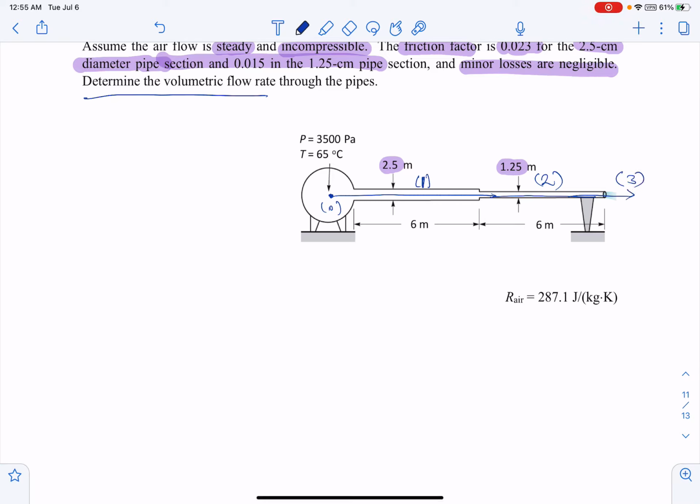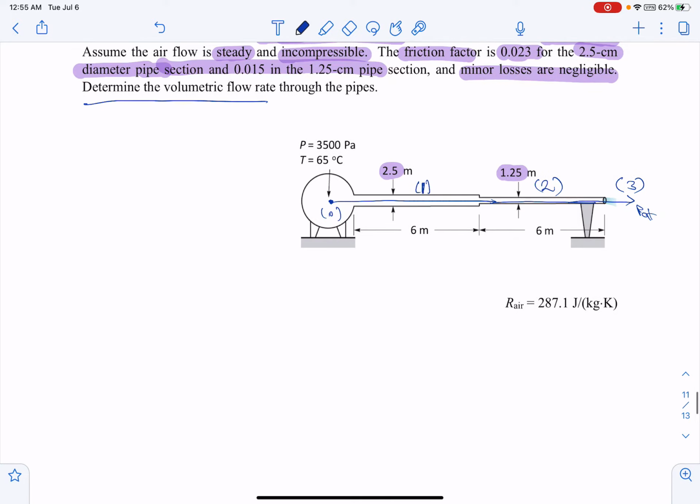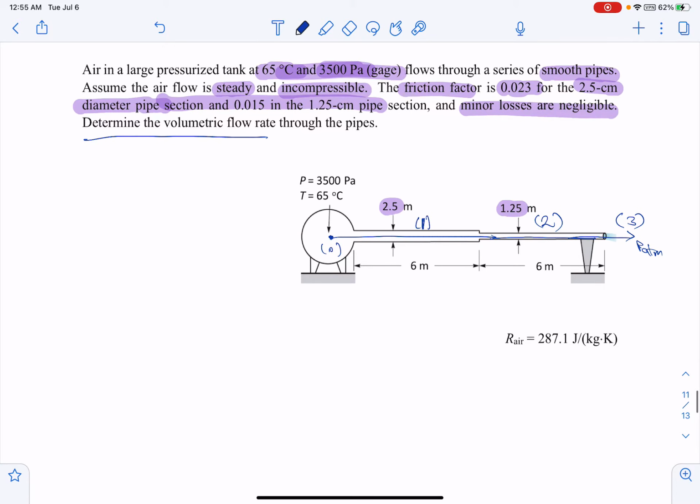It's also open to the atmosphere, so we have the atmosphere right here as well. For the assumptions, it's steady, incompressible, and we consider constant properties.